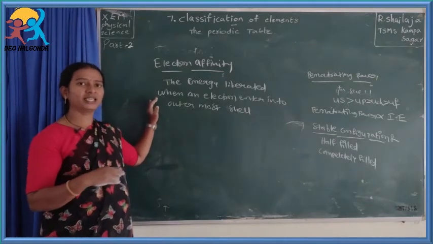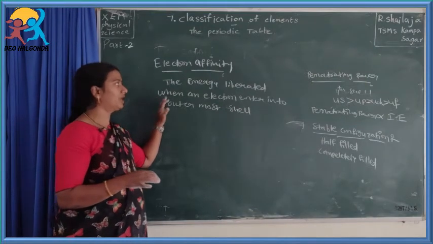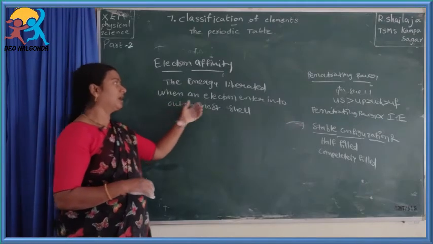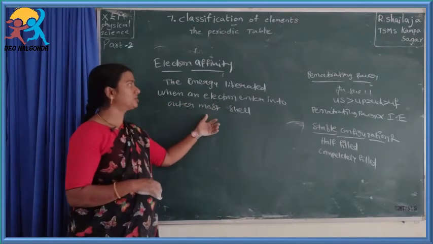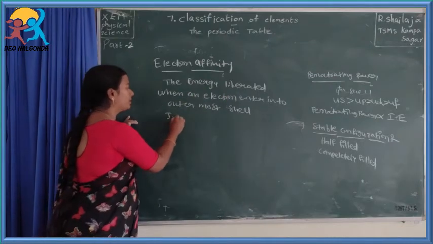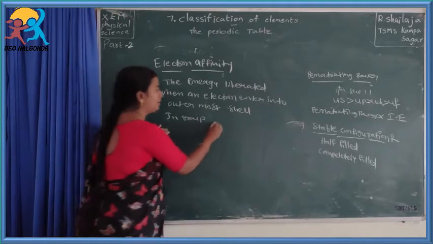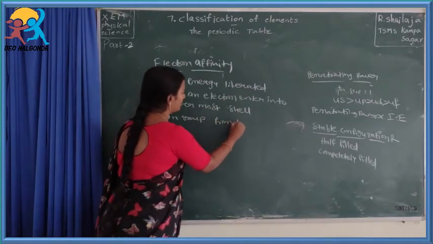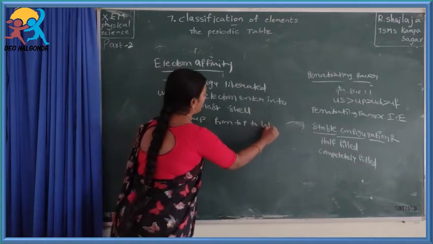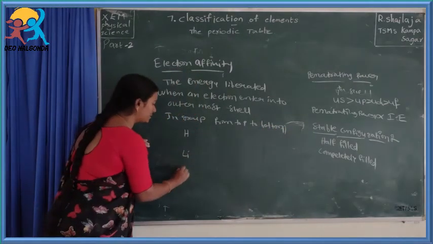In ionization energy, we require energy to remove the electron from the outermost shell. When an electron enters into the outermost shell, it liberates energy. So, in a group, let us look at the electron affinity from top to bottom. Here you see hydrogen, lithium, sodium.